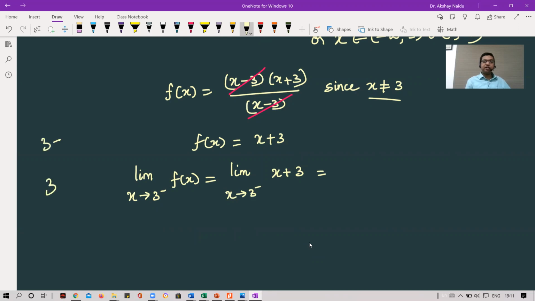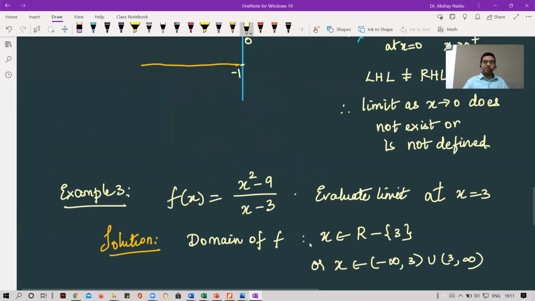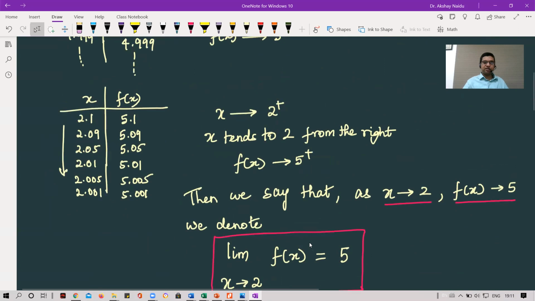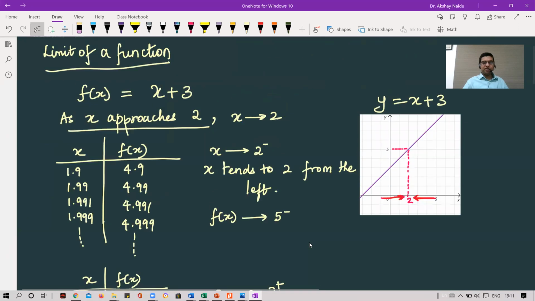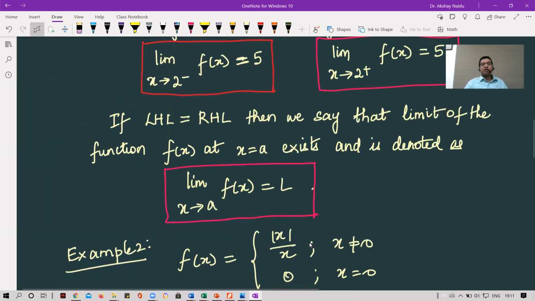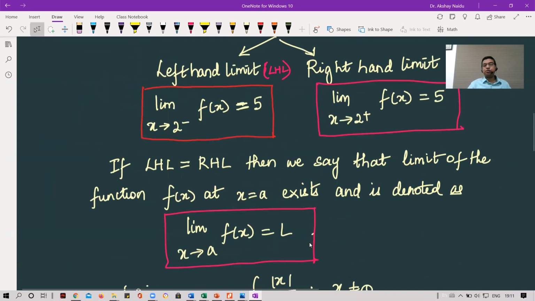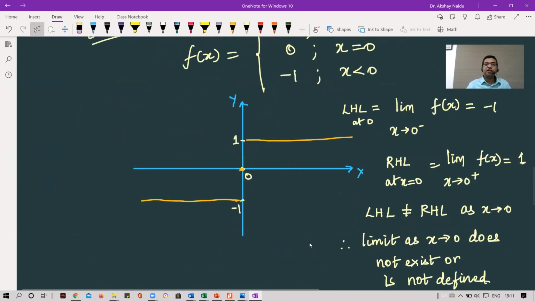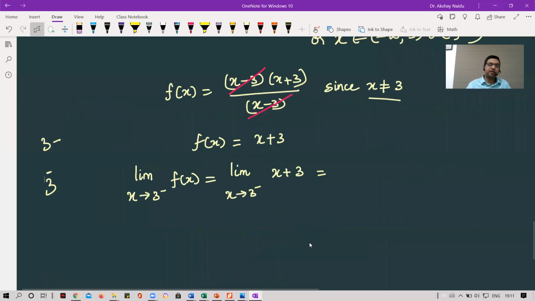It is 3 raised to a minus sign, which means you are approaching 3 from values lesser than 3. That means 2.9, 2.99, 2.999. I gave these tables to explain that. It is not a minus sign to show that it is arithmetic minus. It is to show that we are approaching from the left or from the right. Now tell me, what is the value?